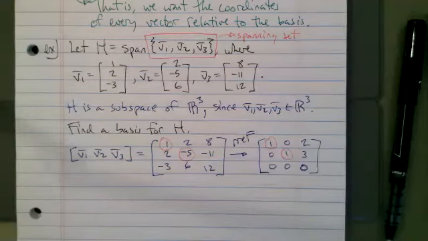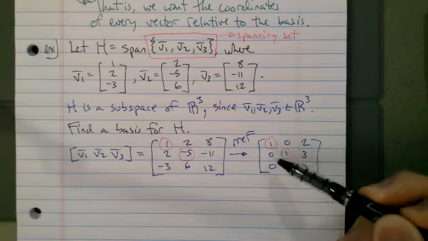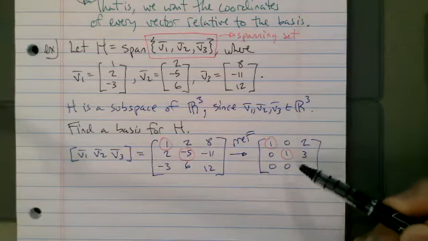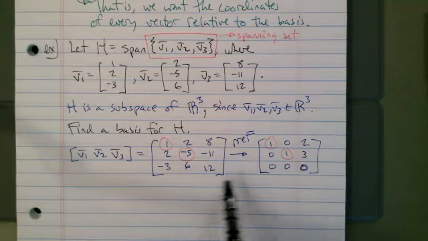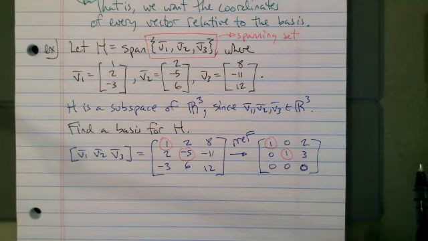When you say it that way, you're implying that you think the pivots of the reduced row echelon form and the pivots of the matrix are going to be different, and that's not the case. We use the reduced row echelon form to find the pivots in the matrix. But there's a pivot in the first row, first column, and a pivot in the second row, second column of the matrix and all of its row equivalent forms.